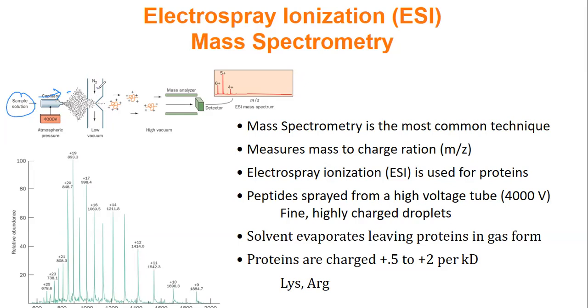This gas goes through a chamber where it's hit by nitrogen and it breaks and becomes charged. These charged particles go towards more or less a big scale where, based on where we hit our scale, it'll tell us how large and how charged our protein was.